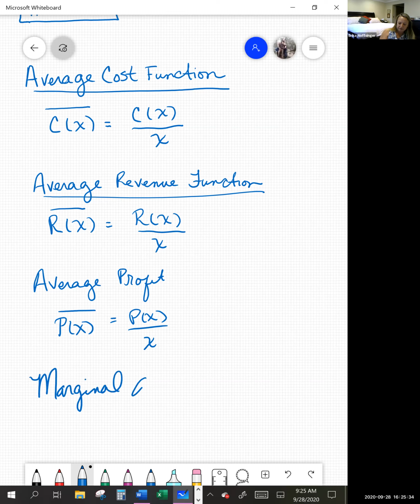So marginal average cost, and we're going to look at the derivative of our average cost function.